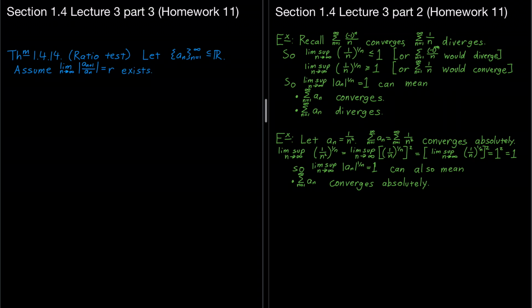Now, remember, in the root test, we didn't have to assume things exist. We could take a limit supremum, which we know exists. In this case, we have to assume that it exists. And then the conclusions are pretty much the same as in the root test.